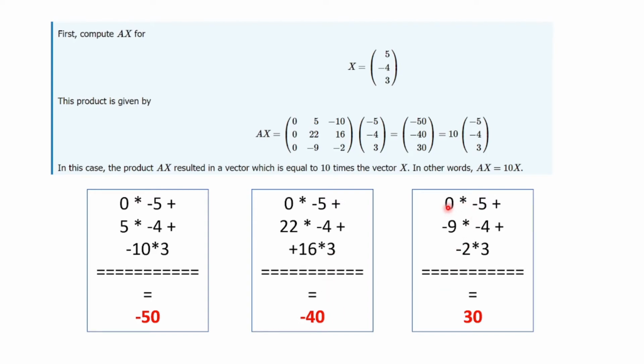Similarly, the other one: 0 times -5, minus 9 times -4, minus 2 times 3, which becomes 30. So essentially what we are saying is that this vector x is a kind of unique vector. When multiplied by this matrix, it yields the same vector multiplied by a scalar.